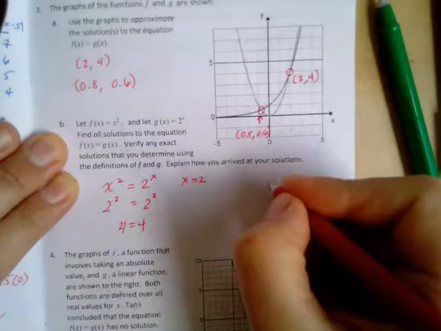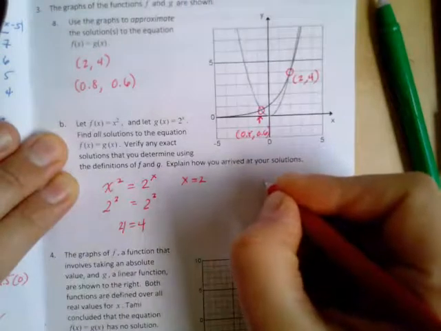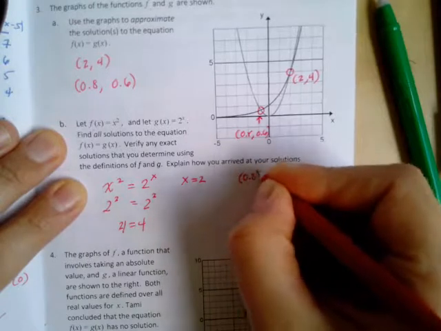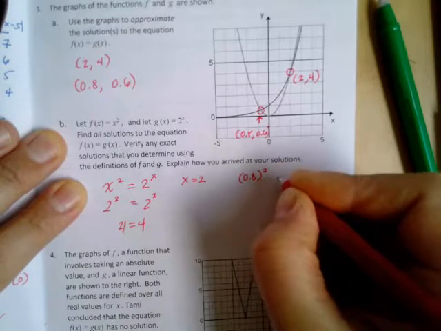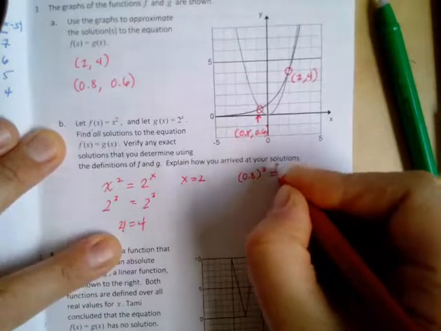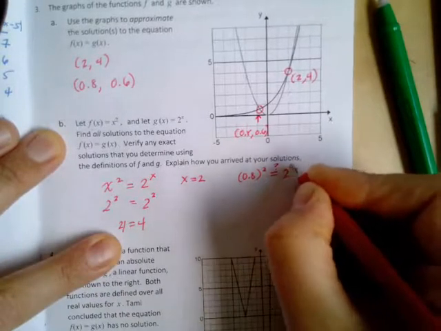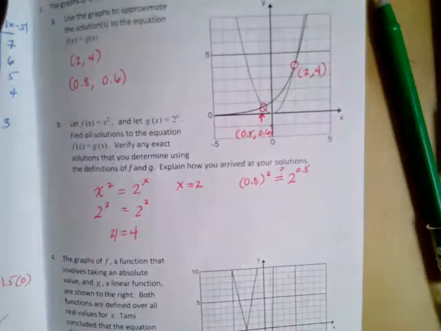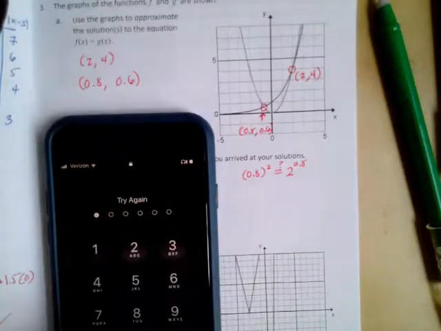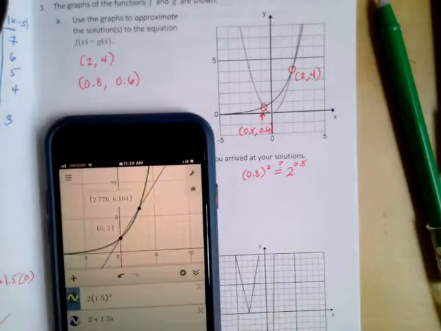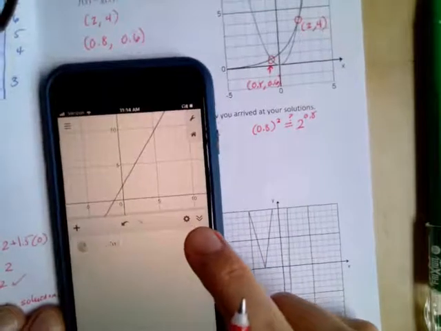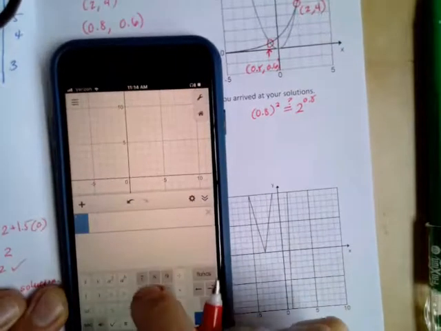So we have, let's see, 0.8 squared, that's our x, is that equal to 2 to the 0.8? So typing that into our handy dandy calculator, we have 0.8 squared, and then we have 2 to the power of 0.8.